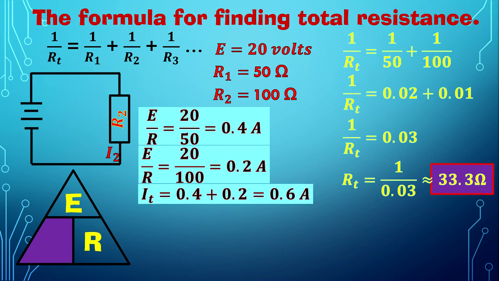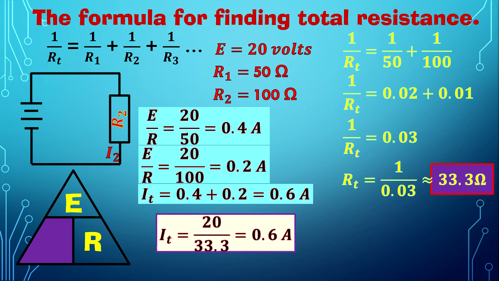If I add those together, my total current is 0.6 amps. Now I can check that by taking my voltage divided by my total resistance, 20 divided by 33.3, and it comes out to 0.6 amps. So both of those are the same. So I can be pretty confident about my calculations.